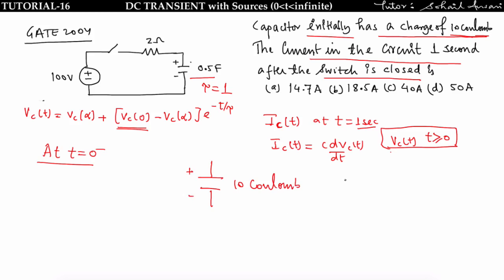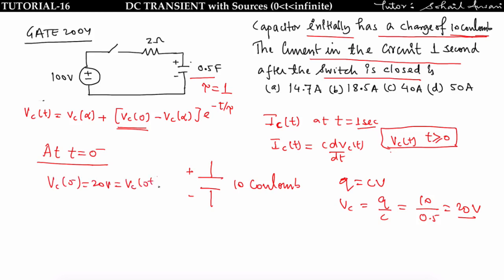We know that Q is equal to CV, so Vc is equal to Q by C. 10 coulomb is the charge, 10 by 0.5, that is equal to 20 volt. So at t equal to 0 minus, the voltage across this capacitor is 20 volt, that is equal to Vc of 0 plus, and that is equal to Vc of 0. So we found Vc of 0.